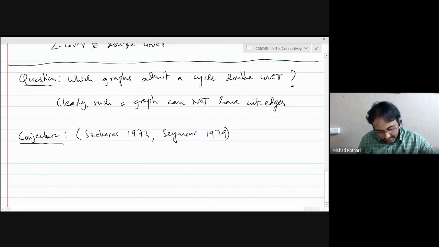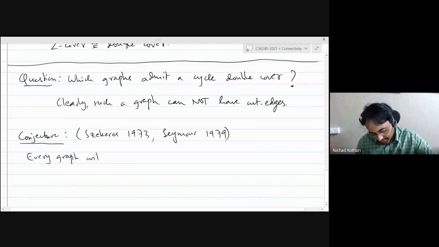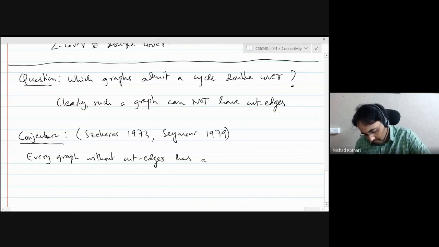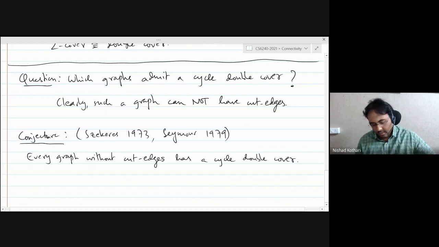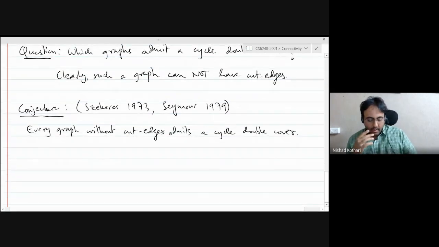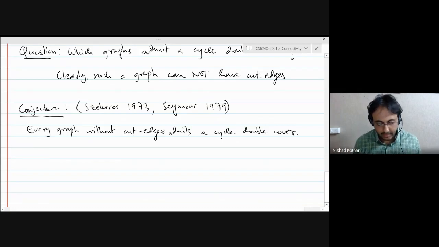So the conjecture says that every graph without cut edges admits a cycle double cover. Well, it's open for the last many years.